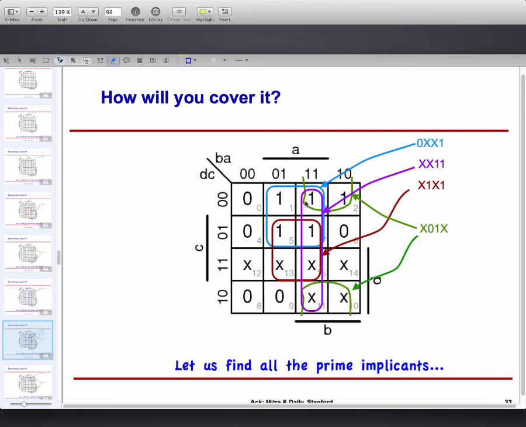0xx1. Okay, so that's the cyan colored one, and that one is essential because this top left, this one out here in box number 1, is only covered by that. So this certainly is essential.